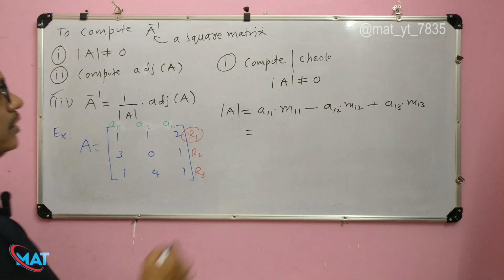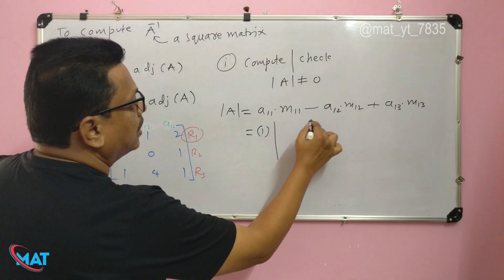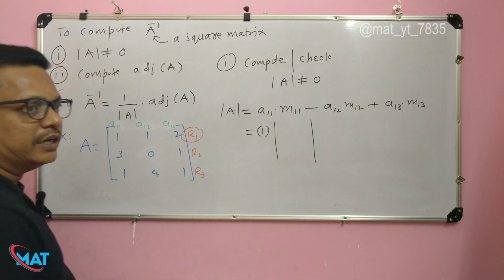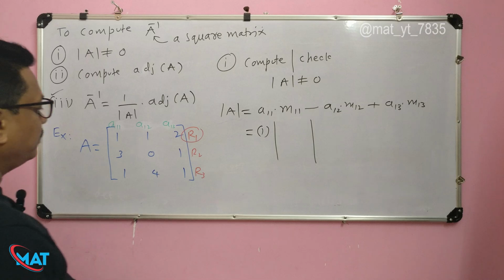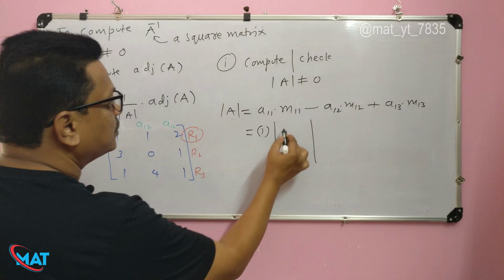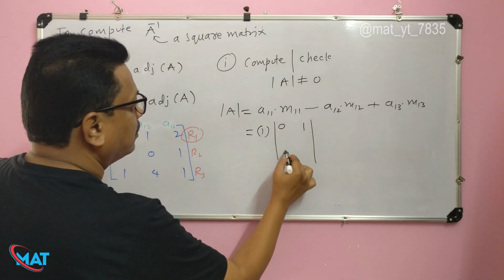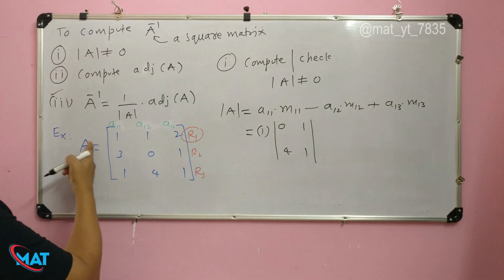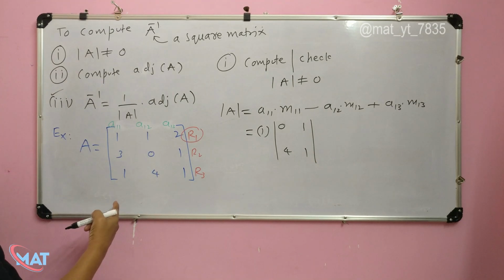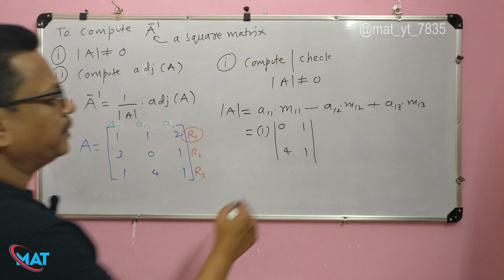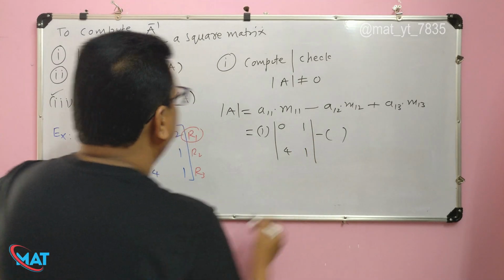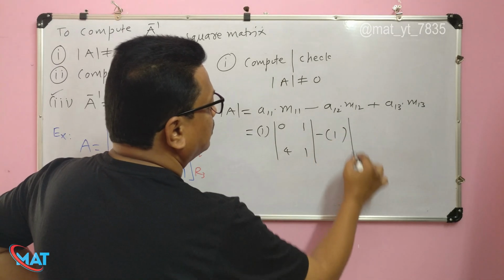A11 is 1. This you already know how to compute. Deleting first row, first column, we get 0, 1, 4, 1. On removing them, we get 0, 1, 4, 1. Minus A12, which is 1 again.